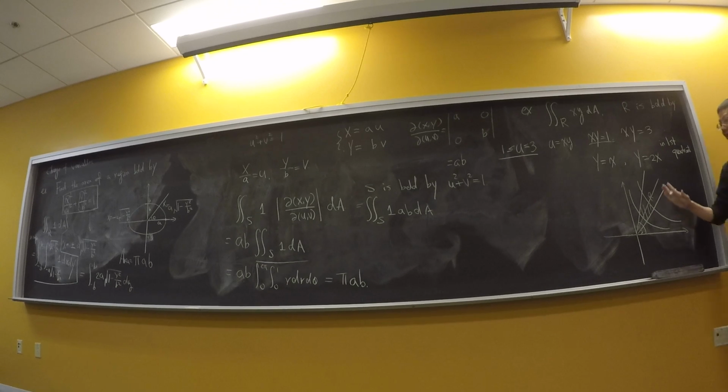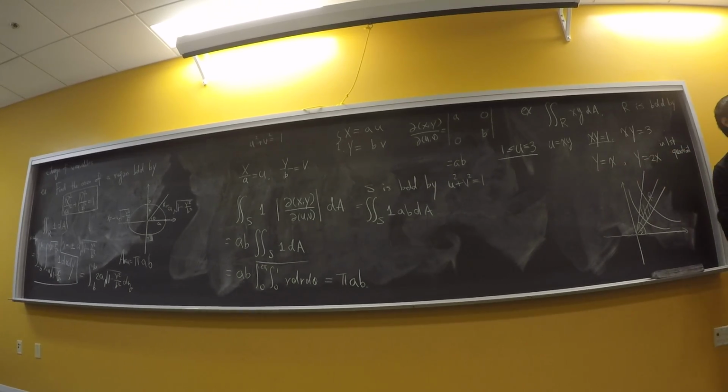In order to introduce the other variable v, I have to look at these two equations. What do you want to introduce? We have y equal to x, with slope 1, and slope 2, so we want to introduce a new variable to denote the slope.